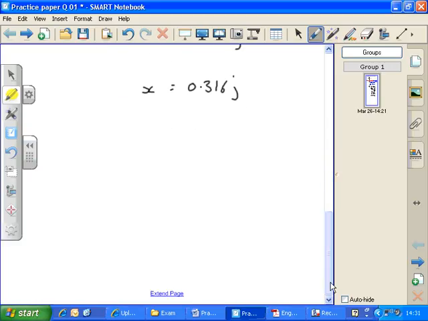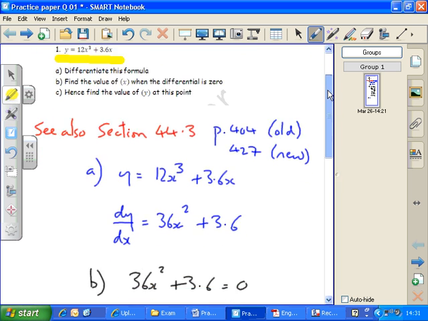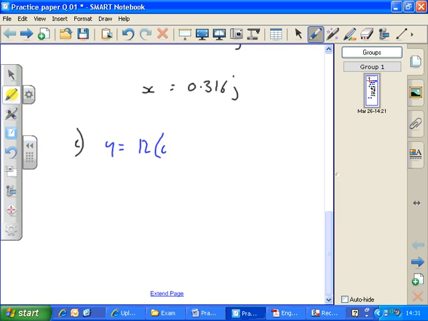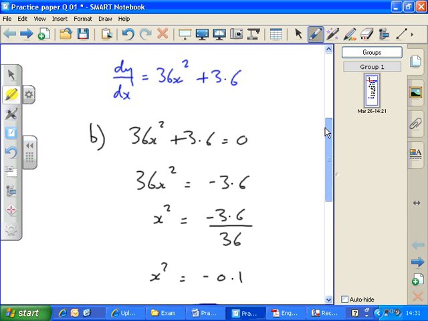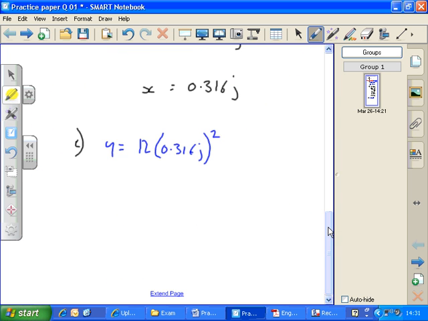So for part C, y equals 12 times 0.316 j, so that would be j cubed, plus 3.6 times 0.316 j, and that's going to give us 0.316 squared times j squared, which is minus 1, isn't it?